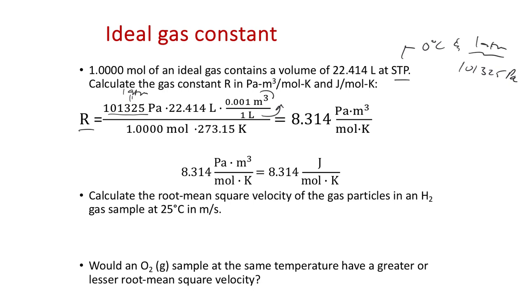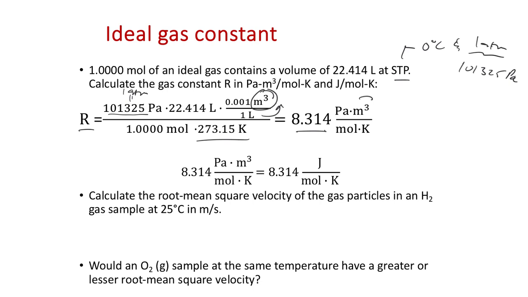We use that as a conversion factor. Then we do the math: 101.325 times 22.414 times 0.001, divided by 0 degrees C in Kelvin, gives 8.314, where the units are now Pascal cubic meter per mole Kelvin. So it's like liter atmosphere per mole Kelvin, but converted to Pascal and cubic meter.